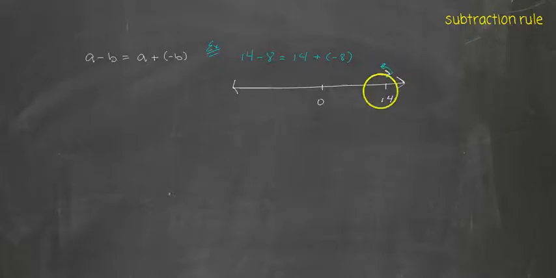So I'm going to add in the opposite direction. 8 bounces backward. 1, 2, 3, 4, 5, 6, 7, 8. It'd be the same thing as 14 take away 8, which is 6. My units here don't necessarily look as great as they could, but the number line is just a visual model for working with addition and subtraction.